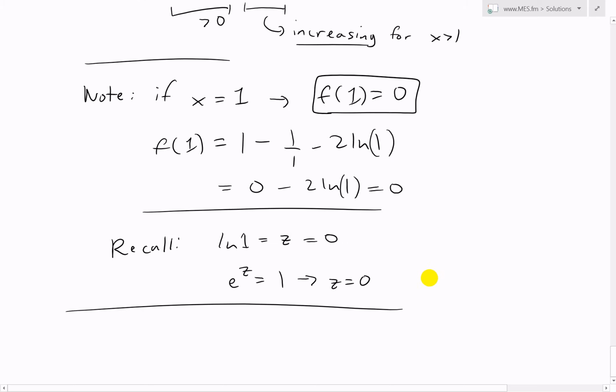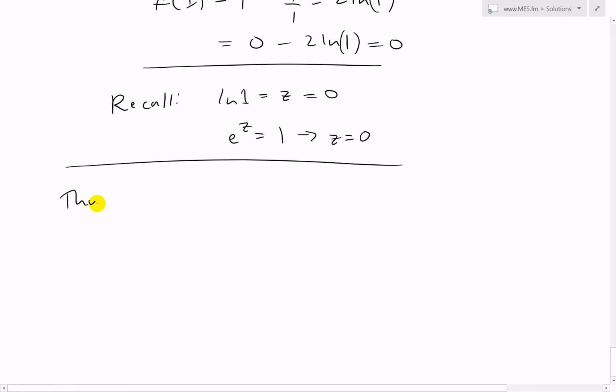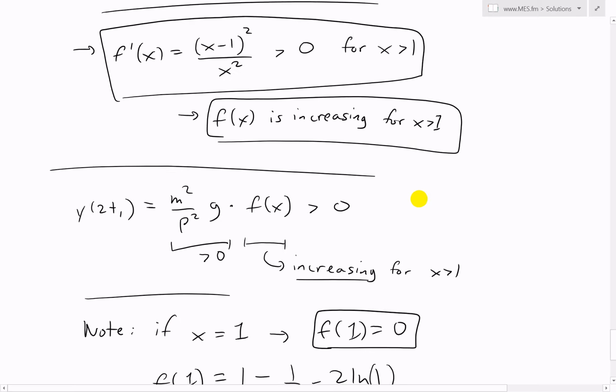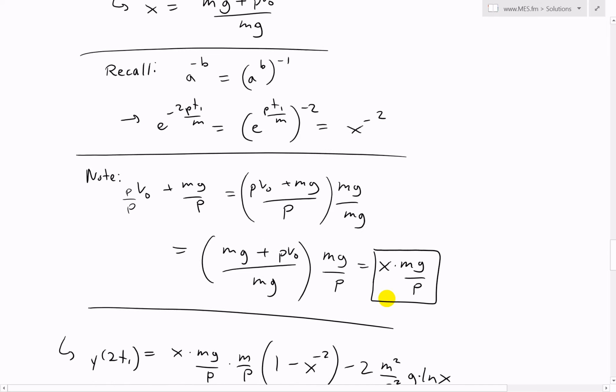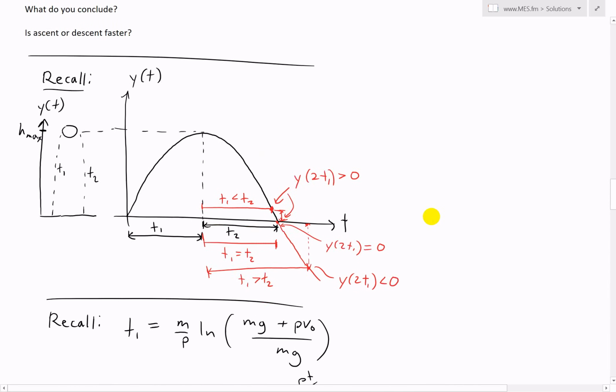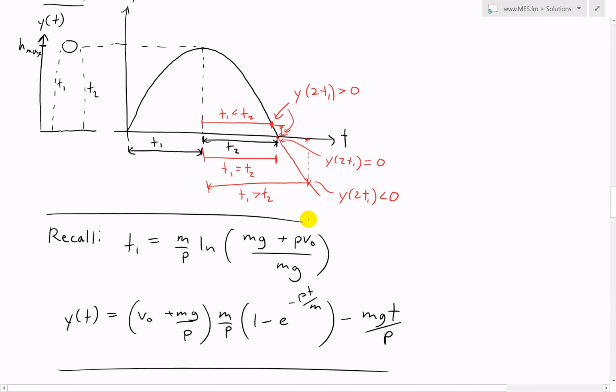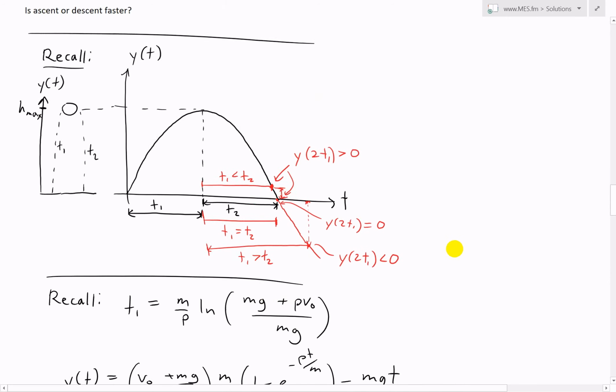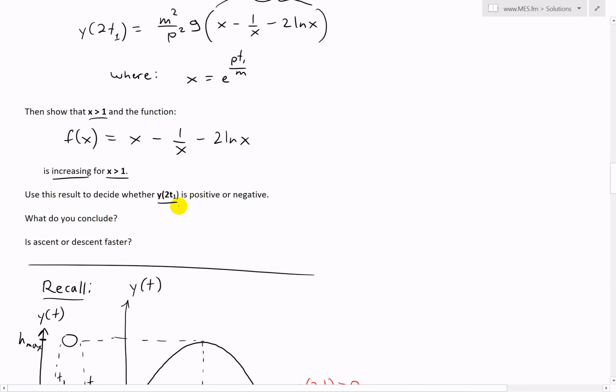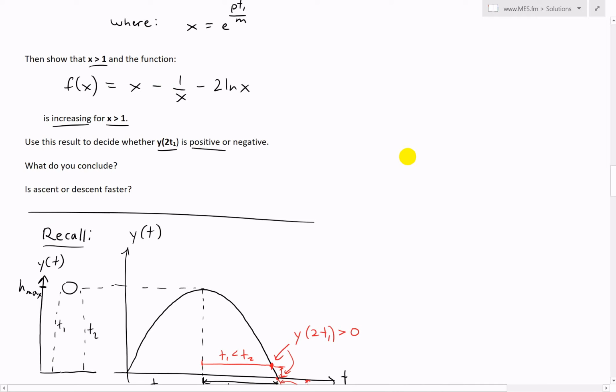Since y of 2t1 is greater than 0, and recall from my very first graph of this video, the whole idea was to see if y of 2t is positive or negative. So this means that this is positive.